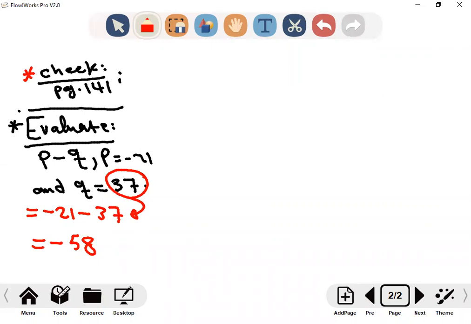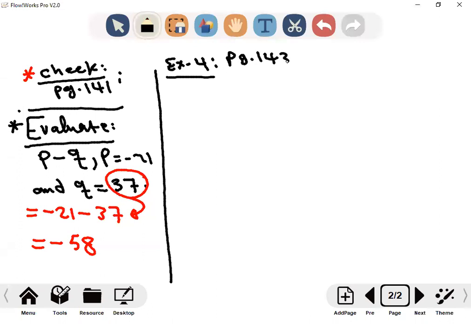I will give you an example. Focus, guys, please. Example 4, page 143. So we did examples 1, 2, 3, and their check, and now we will do example 4.